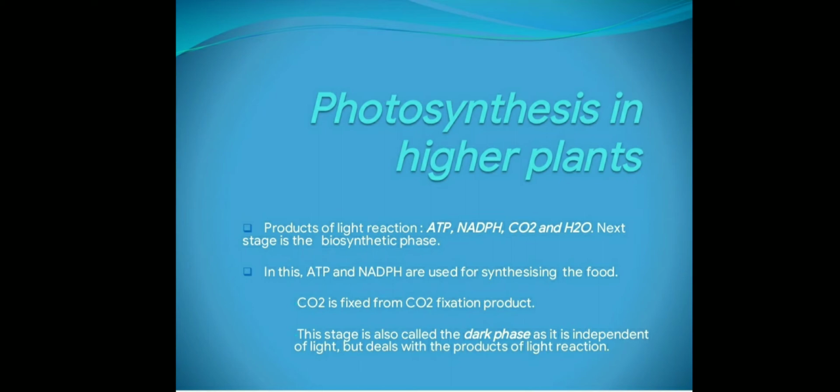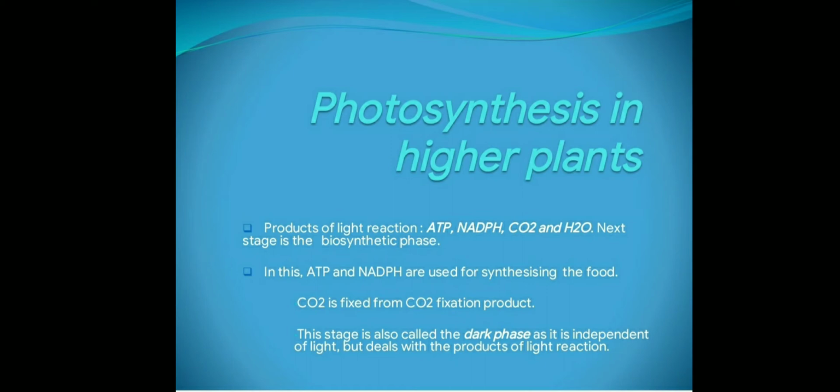When CO2 is fixed, then a primary product is formed, the first stable compound. If the first stable compound is a 3 carbon atom compound, then it is called the C3 pathway. Why is it called the C3 pathway? CO2 is fixed, and after fixing the CO2, the primary stable product is formed. It is a 3 carbon atom product, so it is called the C3 cycle.